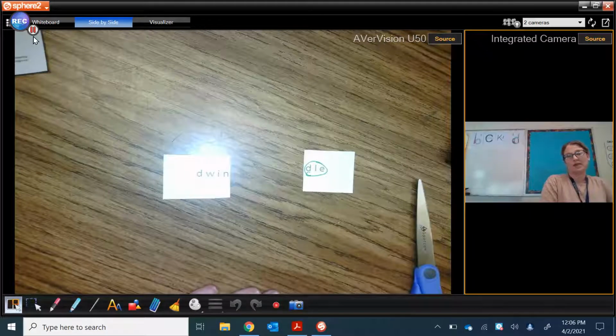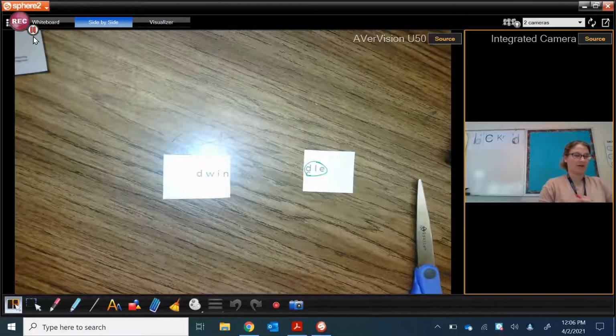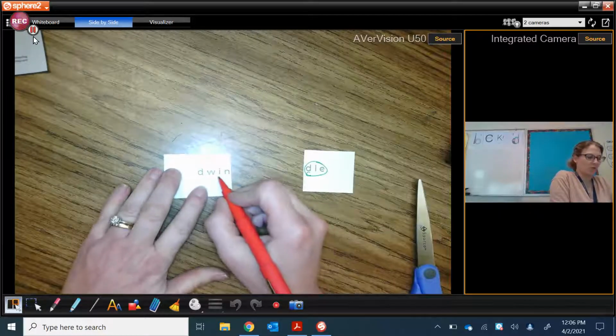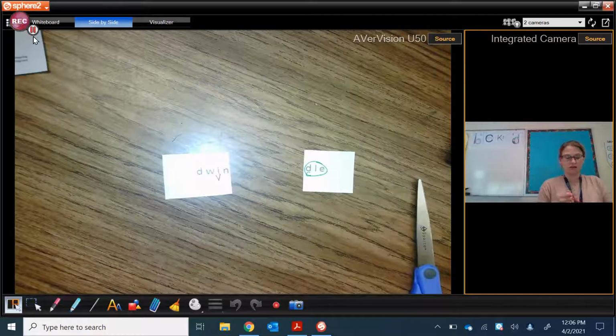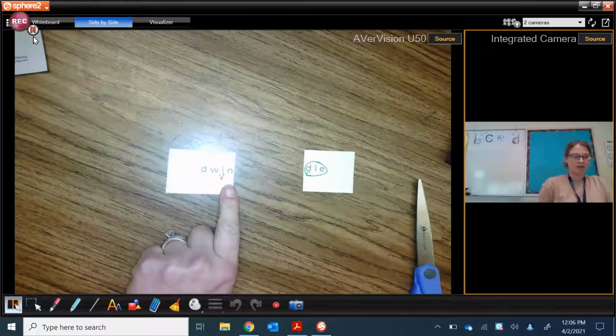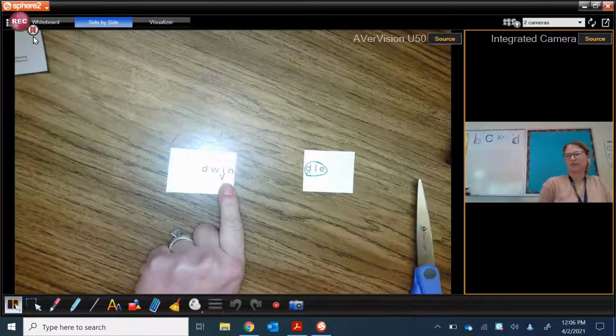Now, the next step is to find my vowels. Well, on the rest of this, there's only one vowel. There's no bridge to draw, so when I look at this syllable, what comes after it? A consonant letter.